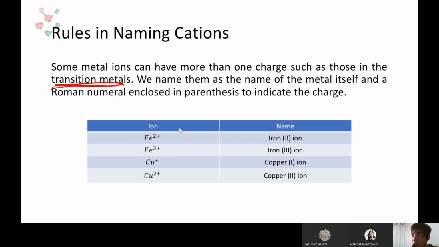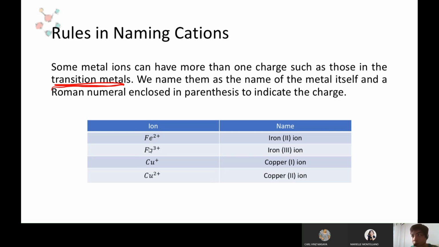So, for example, this is Fe2+. The name of the atom is Fe, iron. Then the charge is 2+, so we put the charge 2 in parentheses using a Roman numeral. And this one, Fe3+: the 3 there, we put as Roman numeral 3.